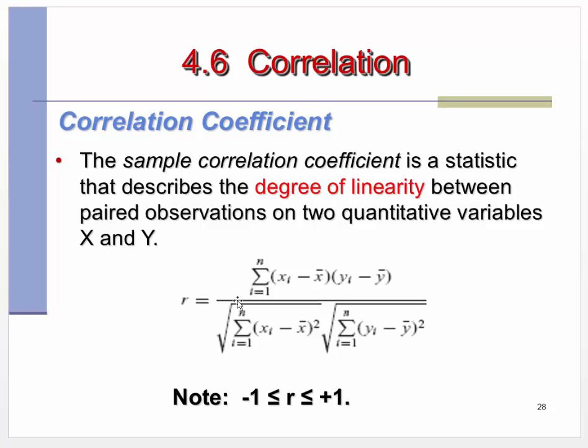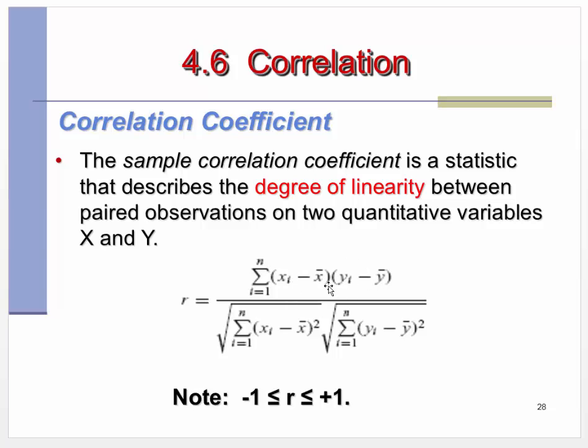The correlation coefficient, or degree of linearity, we use R for, is defined as this over that. In the numerator, you have xi minus x bar, the individual x value minus its mean, times yi minus y bar for the other variable.